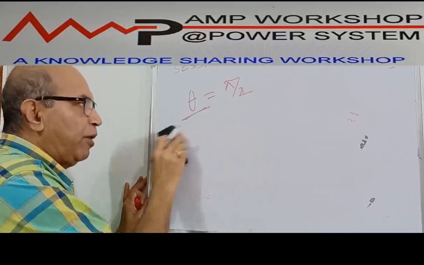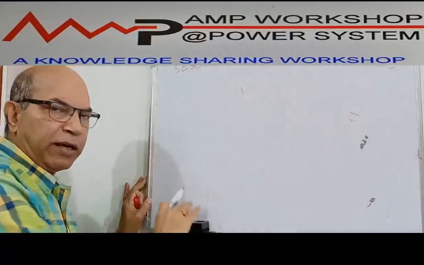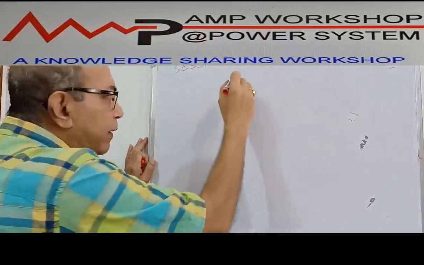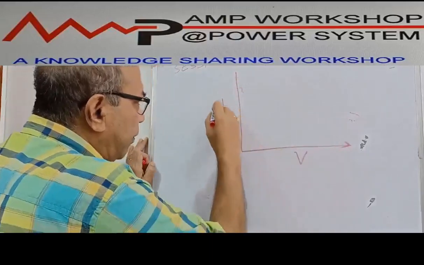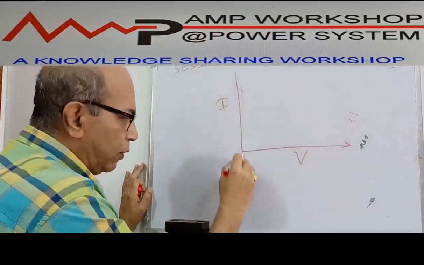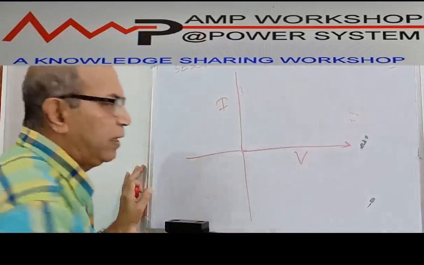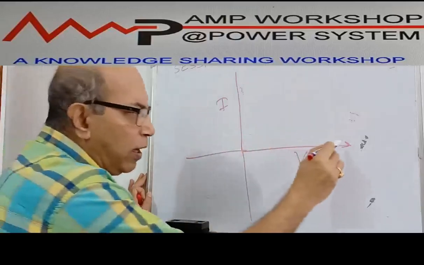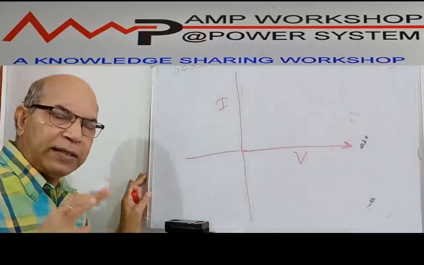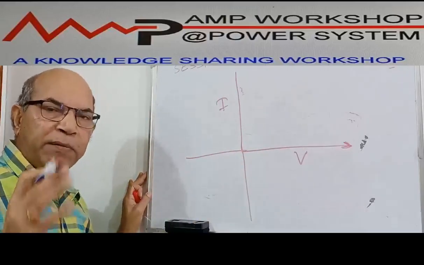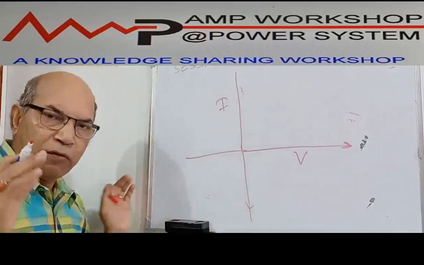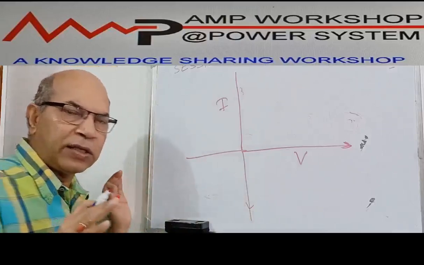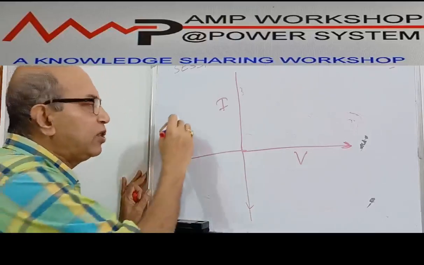From that point, if we represent these vectors in space, then how is it? Suppose this is a voltage vector and this is a current vector. We represent it in this way. In an inductive circuit, we say it is lagging. So if the voltage is over here, the current is lagging by what angle? In a pure inductive circuit at 50 hertz, the current is lagging along this way. But for a combination of inductance and resistance circuit, suppose the angle is theta.